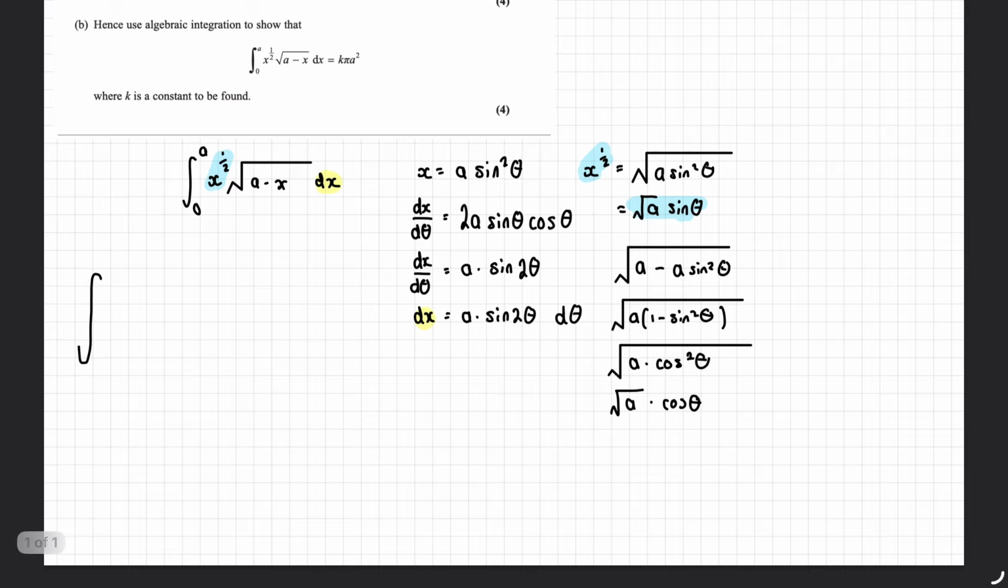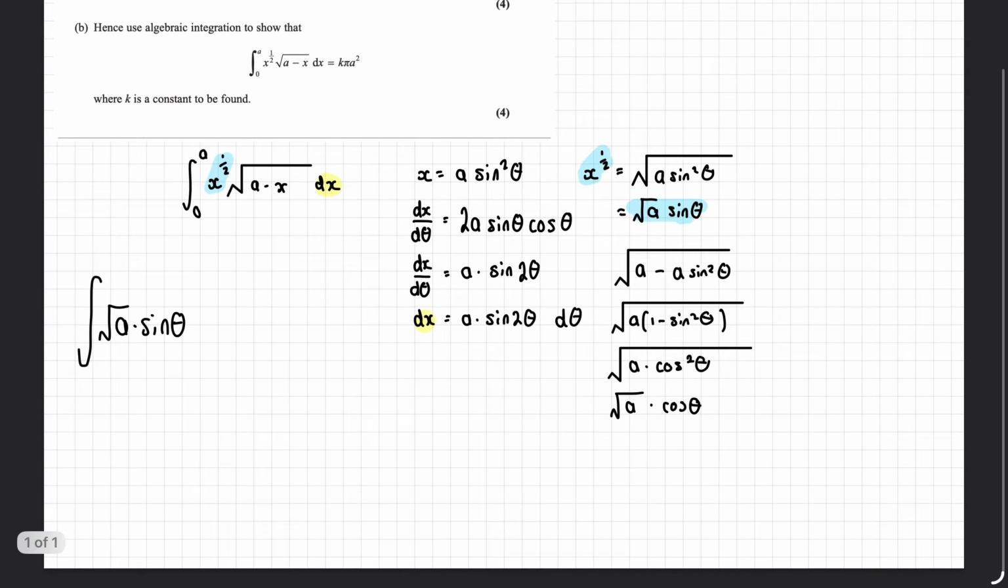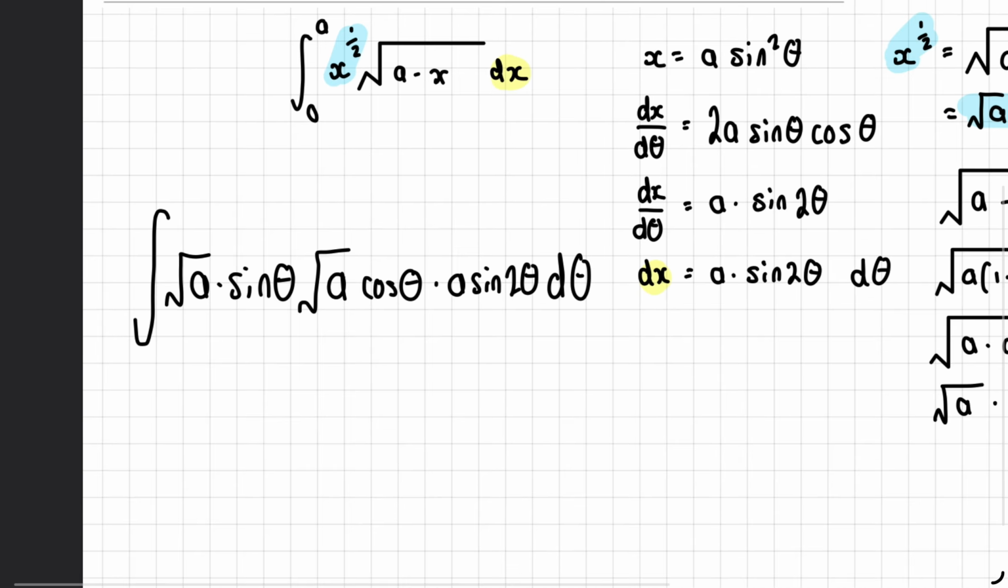So let's put them all together. I'm going to come back to my limits in a moment. So the square root of x is root a times sine theta. The square root of a minus x can be rewritten as root a cos theta. And dx is a sine 2 theta d theta. Okay, let's clean this all up.